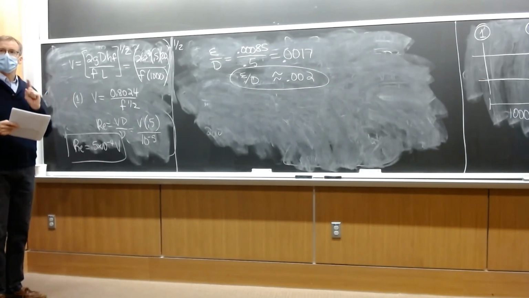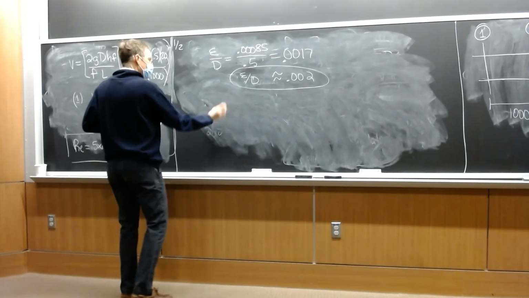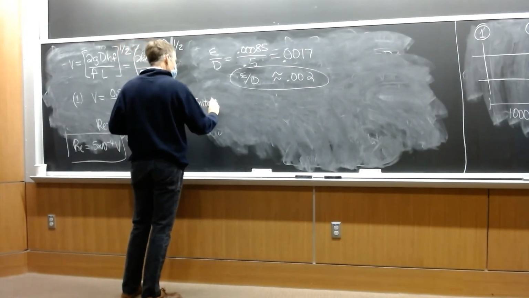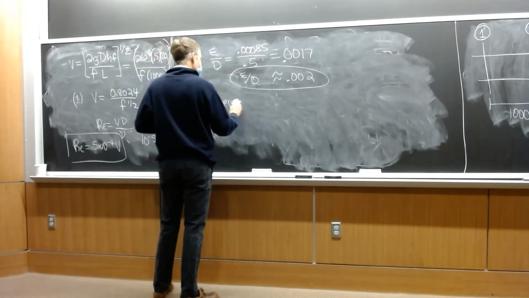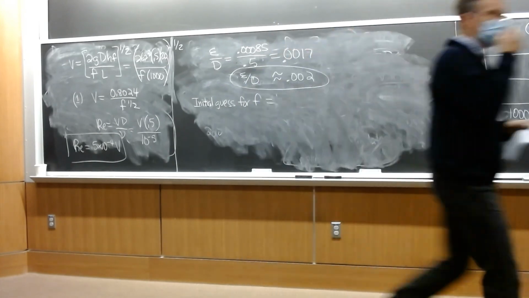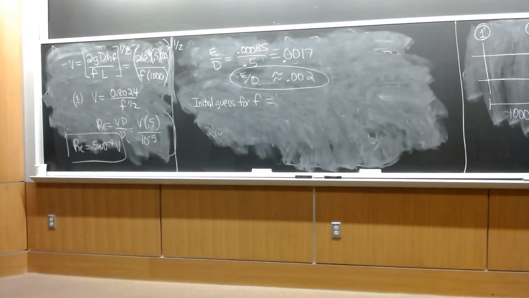Okay. So, the place to start, like I said, is the Moody diagram with an initial guess for F. So we go to the Moody diagram and look at the 0.002 line. And like I said, we're going to use the assumption that it's completely rough.